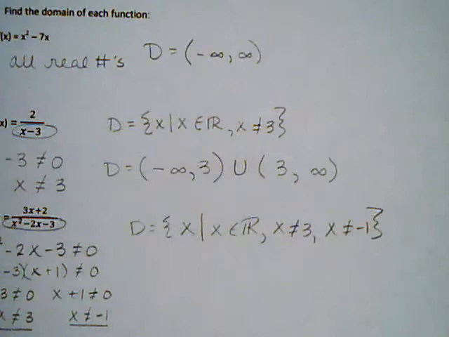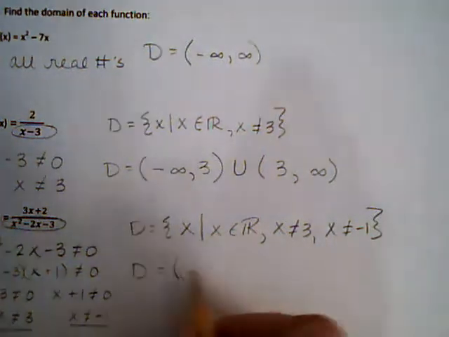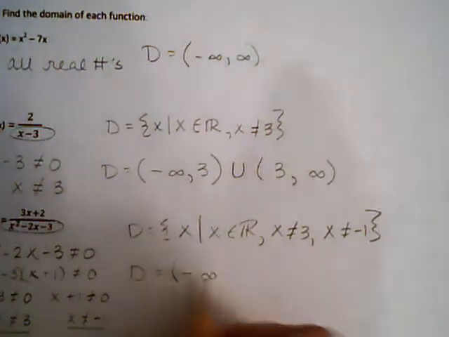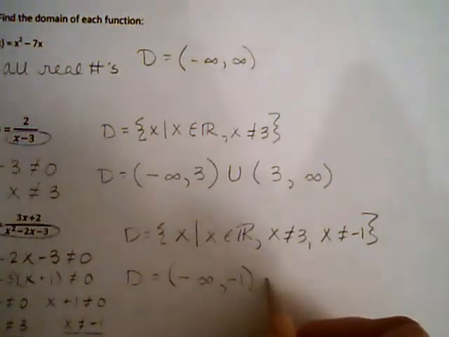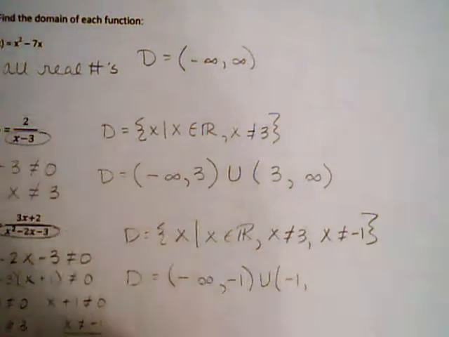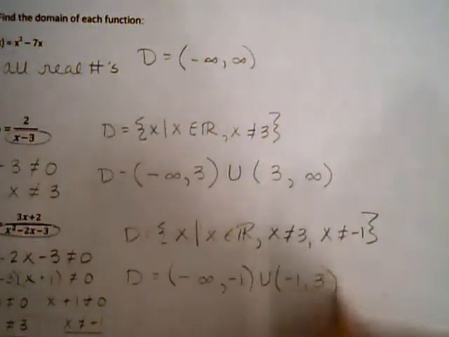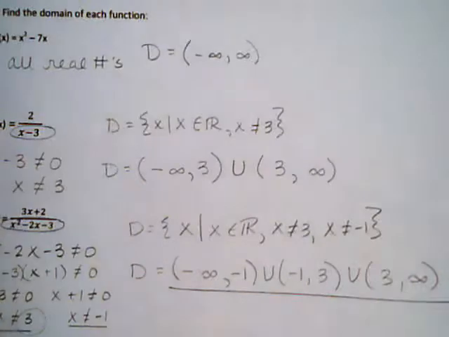Interval notation, we would say x could be anything from negative infinity up to negative 1. We would skip over negative 1 and go up to 3, skip 3, and go to positive infinity.